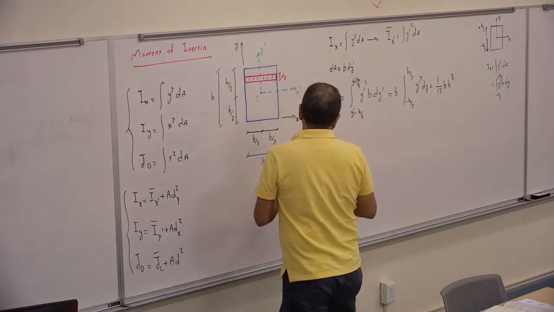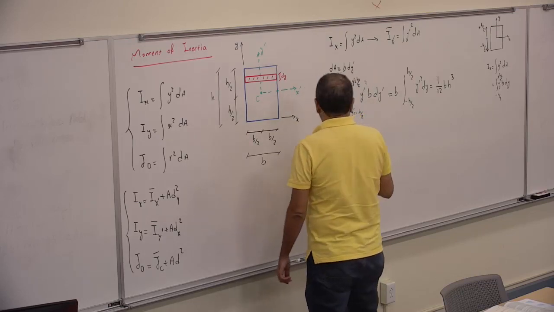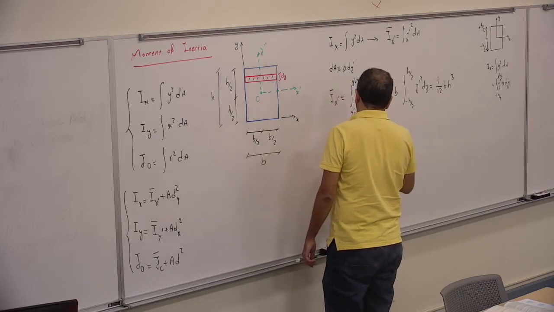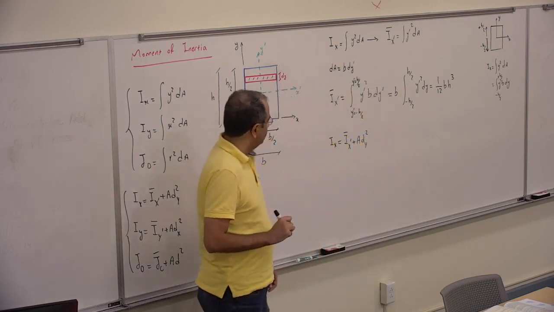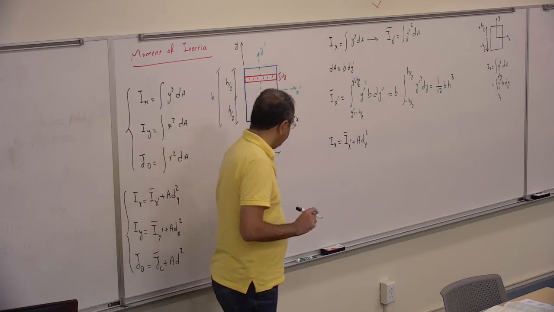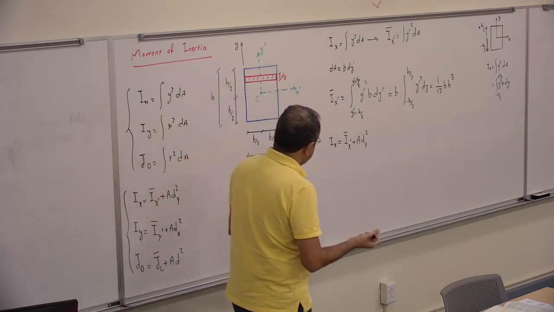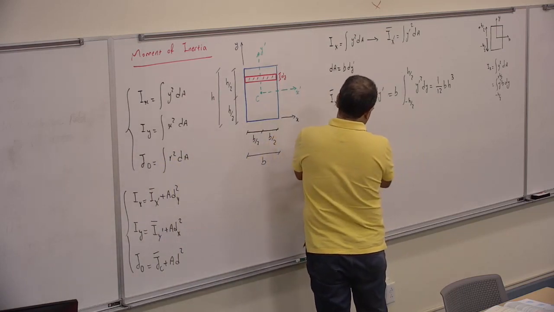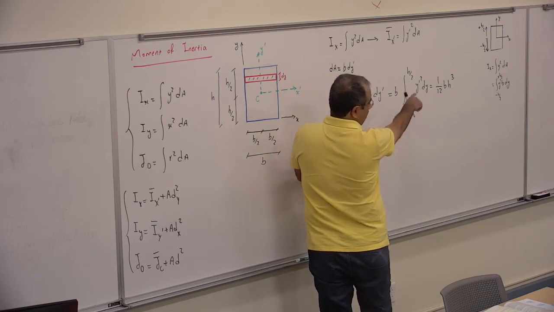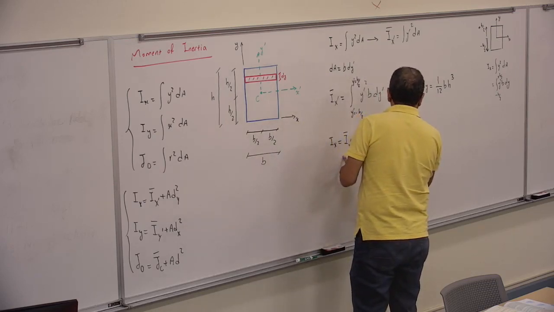This equation is I through the centroid plus A d_y squared. If I want to calculate it, how much is this part? It's 1/12 of bh cubed.